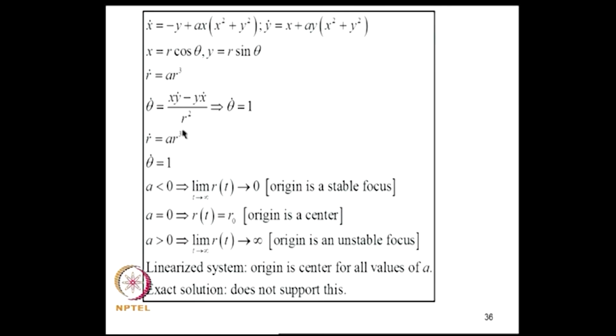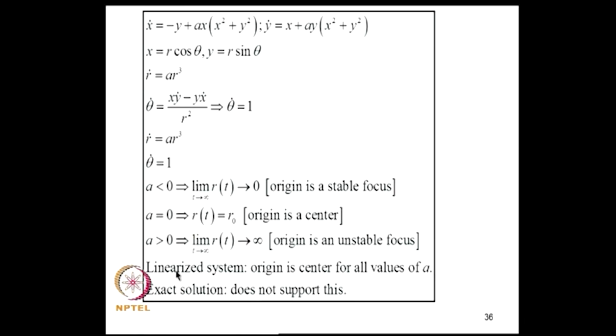Now, we can analyze this problem and show that if a is less than 0, as t tends to infinity, r of t goes to 0, that means the origin is a stable focus. If a equals 0, the origin is a center. If a is greater than 0, r of t tends to infinity and the origin is an unstable focus.